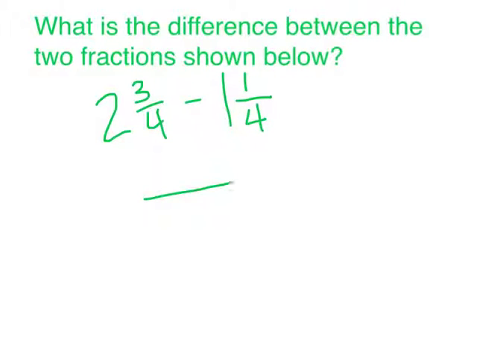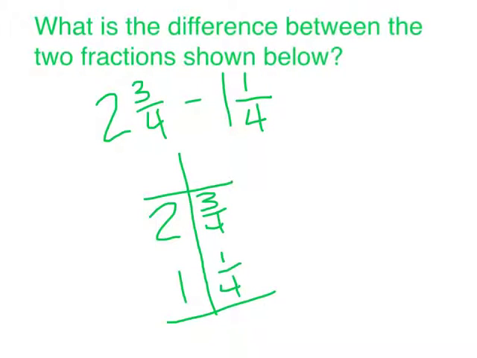In order to do that, I'm going to draw my t-chart. Now I can put 2 and 3/4 in my t-chart and 1 and 1/4. Can I subtract these fractions? Yes, I can, because they both have the same denominator. 3/4 minus 1/4 is 2/4.